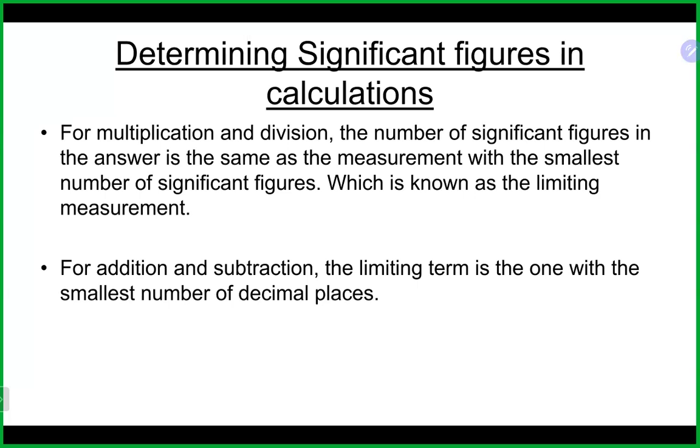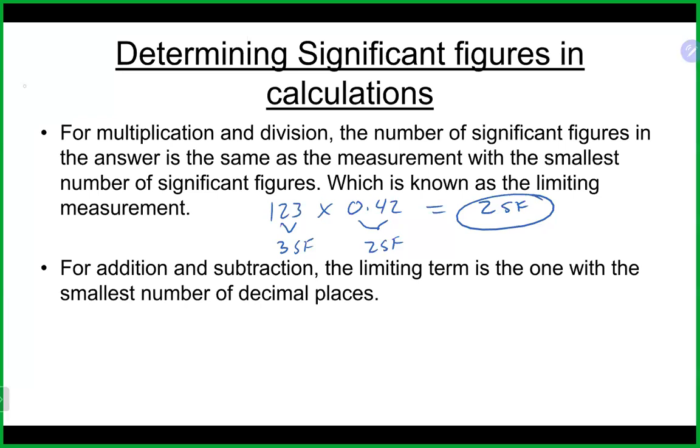So if you were going to take 1.23 times 0.42, this has 3 significant figures. This has 2 significant figures. That means your answer should have 2 significant figures, the least number of significant figures in the measurement, obviously rounded properly to 2 significant figures.